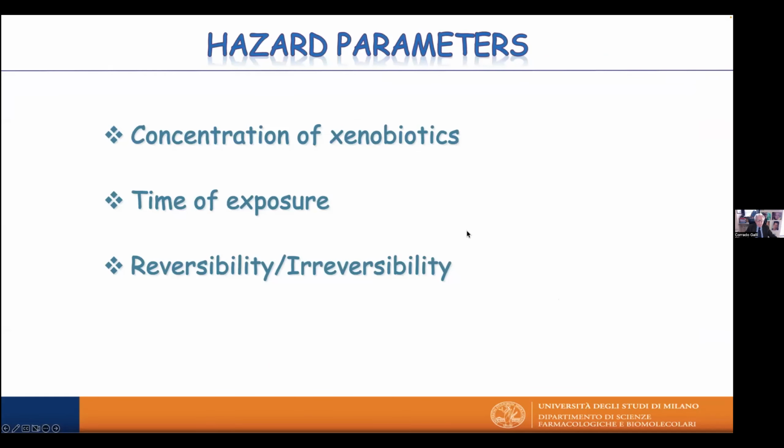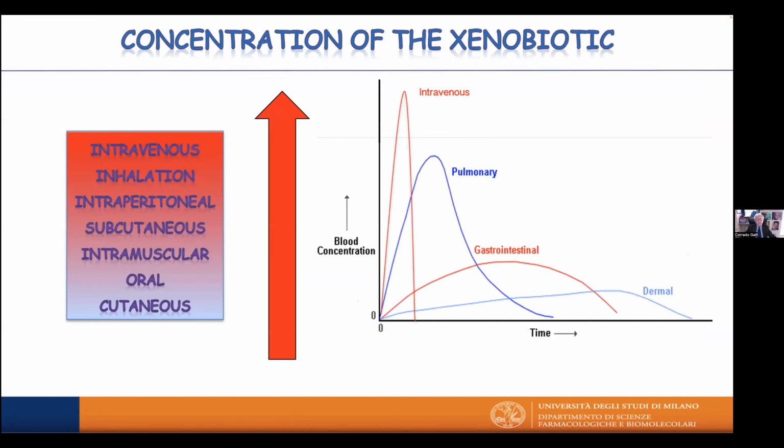Now, let me finish by showing you a few slides on some of the hazard parameters that I like to consider when I have to identify hazard. One important part is the route of exposure, because sometimes people use subcutaneous or IV results for the hazard assessment, but you have to consider that the bioavailability is quite different.